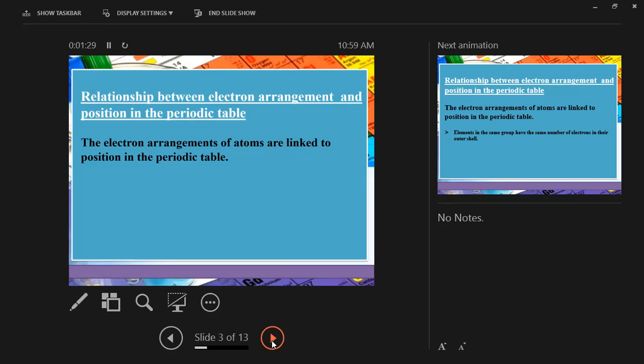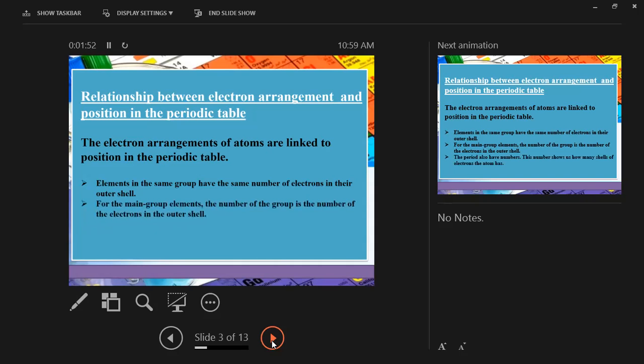Understand? You can see the periodic table. Elements in the same group have the same number of electrons in their outer shell. You got your answer? You said number of protons. So elements are arranged in a group according to the same number of electrons in their last shell or outer shell.